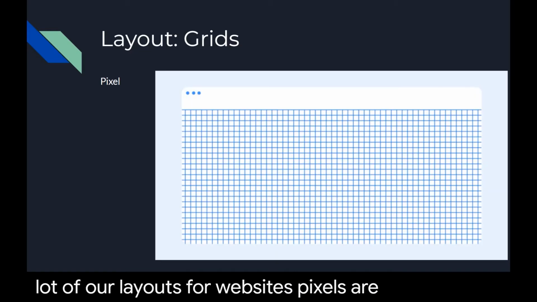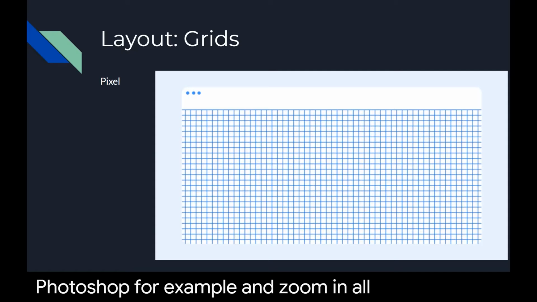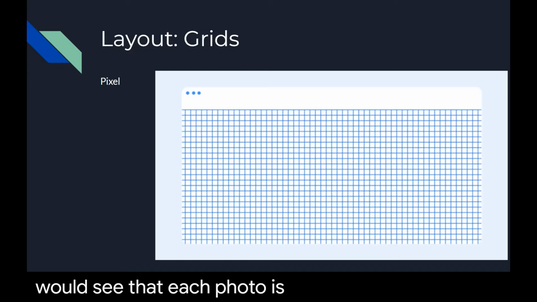Pixels are used particularly for photos. So if you are to go into Photoshop, for example, and zoom in all the way, you would see that each photo is made up of various pixels that are really just boxes of color.